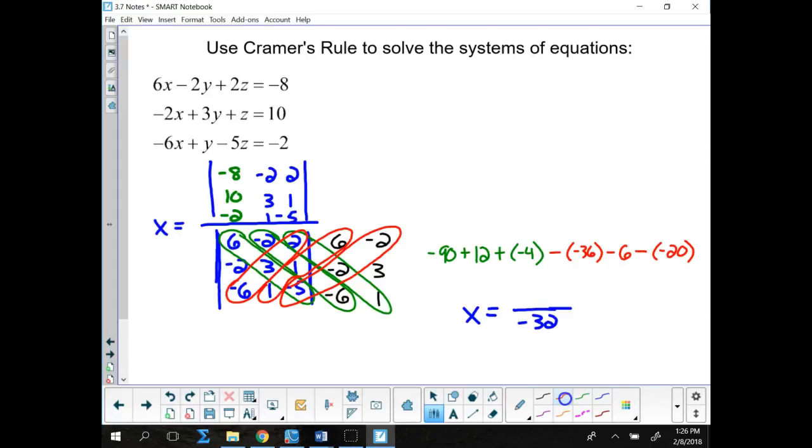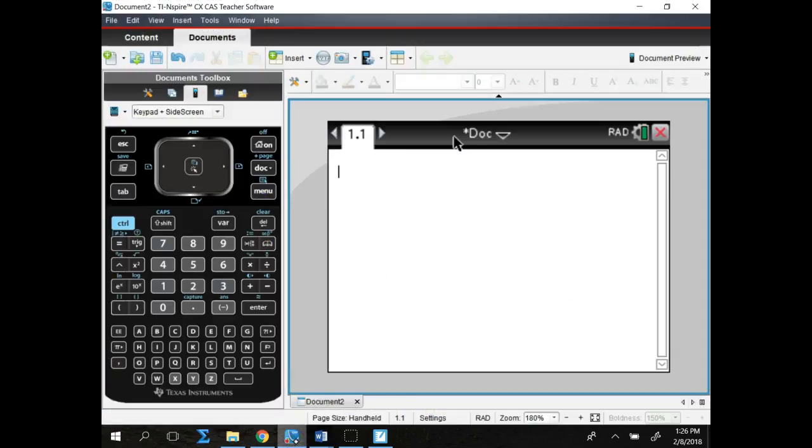Yes? Okay. Now my numerator, we said we wanted to do using the calculator. So I'm going to need to have a calculator page open.